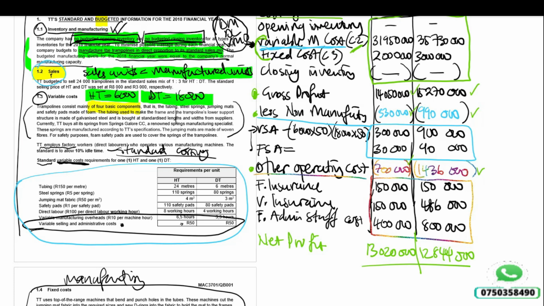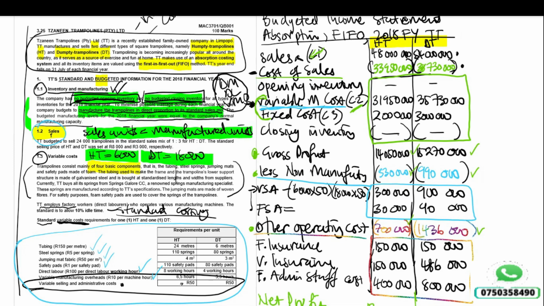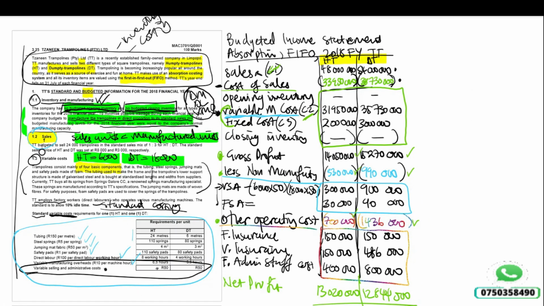You could have listed line items in the statement for tubing, steels, jumping mat, safety pads, direct labor, and variable manufacturing overheads. It was still going to be correct, but you'd take more time than if you simply calculate it per unit and add the total.